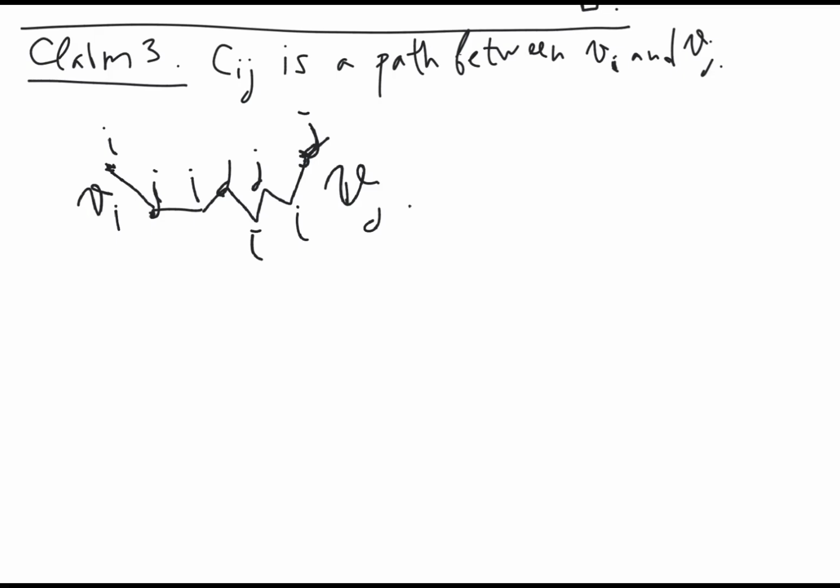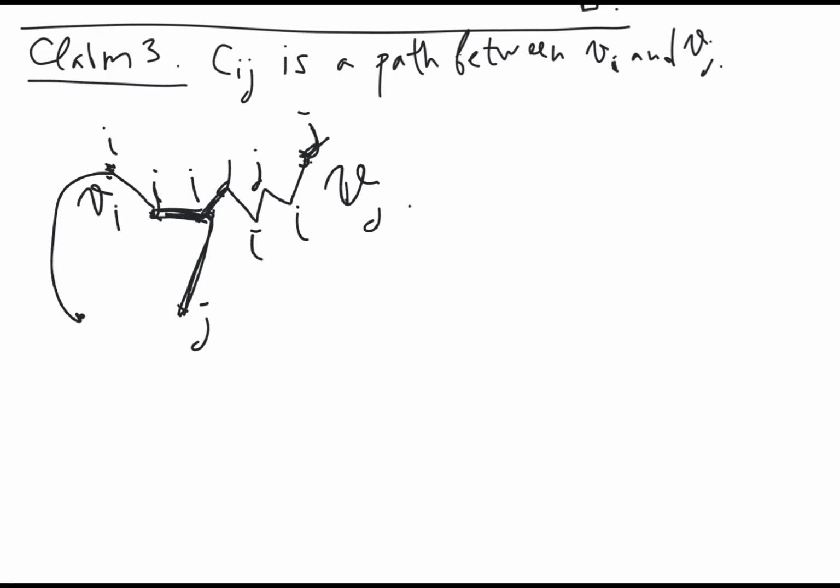So if there is something else in this connected component, then we consider basically two cases: when some internal vertex on this path is adjacent to some other vertex, and when the boundary vertex, either Vi or Vj, is connected to some other vertex.